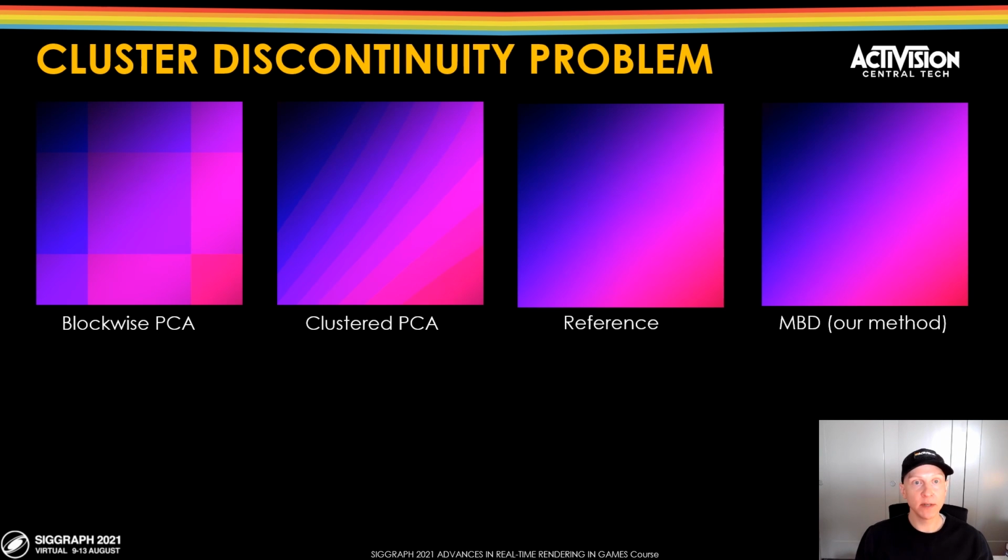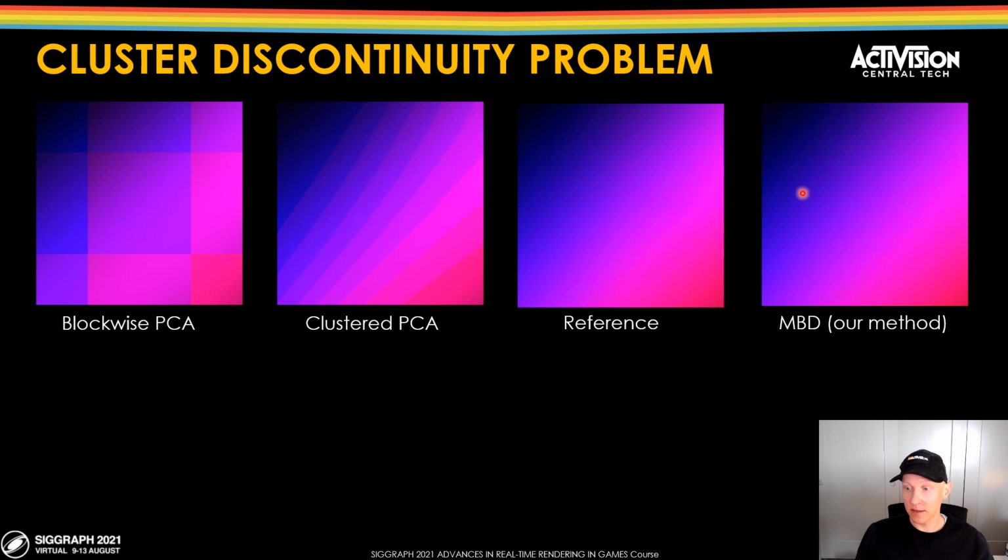Okay, so at this point, we are ready to revisit the cluster discontinuity problem we saw before, so we can appreciate the value of this moving basis decomposition model. And again, here you can see the reference vector field, as well as the clustered PCA and blockwise PCA approximations that have these blockwise or cluster boundary artifacts over here and over here.